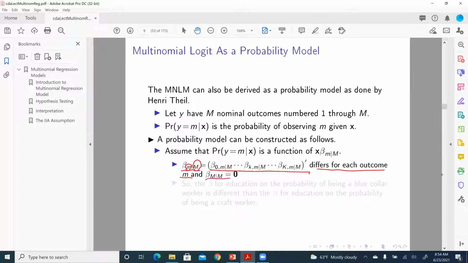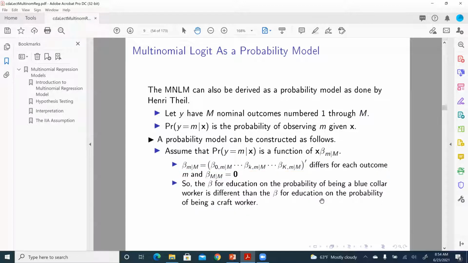and the slope, or the regression coefficient vector, of capital letter M over M is 0. Okay, so that's an assumption just to satisfy the conditions we lay out. What kind of condition? Well, the sum of all individual probabilities is equal to 1, and each individual probability is bound between 0 and 1.